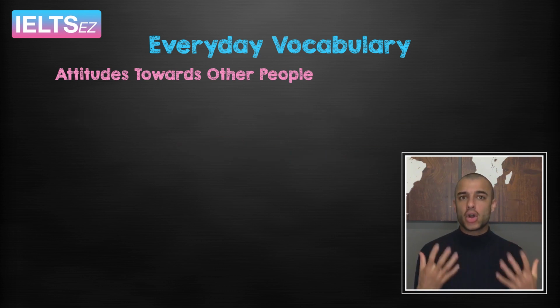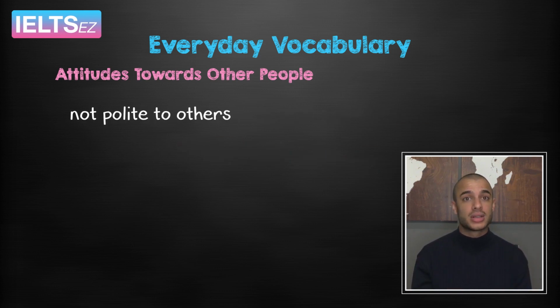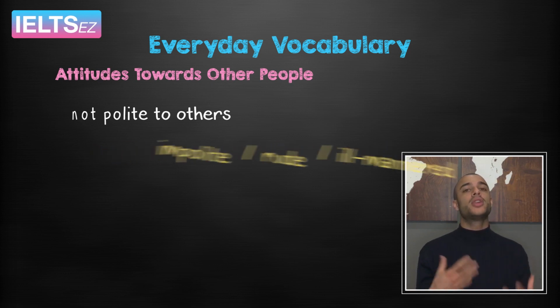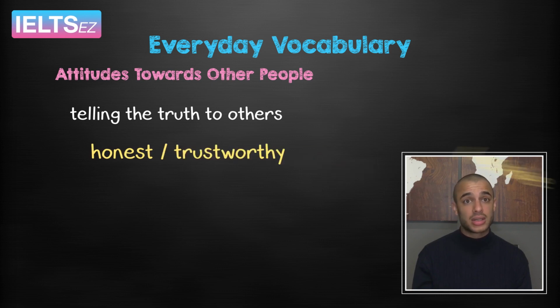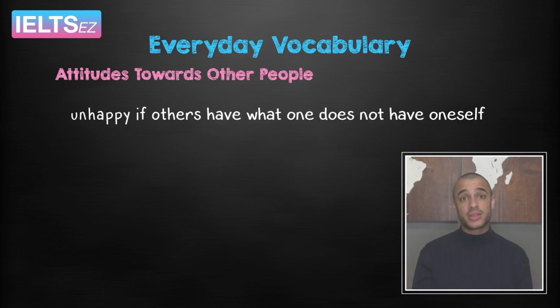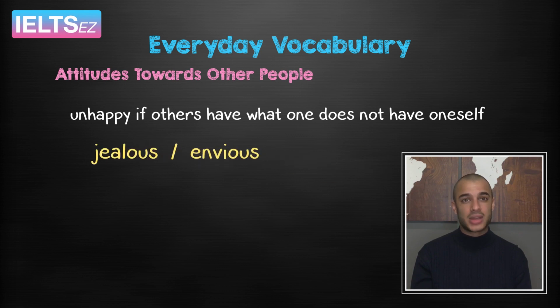And another one, not polite to others. This can mean impolite, rude, or ill-mannered. Moving on to telling the truth to others, meaning many things, such as honest, trustworthy, reliable, sincere. And finally, unhappy if others have what one does not have oneself. This is jealous and envious.